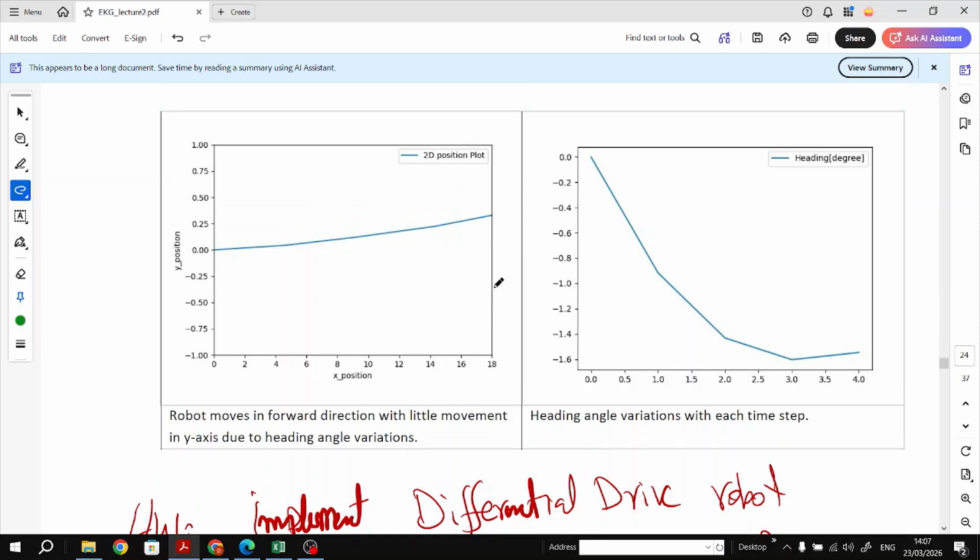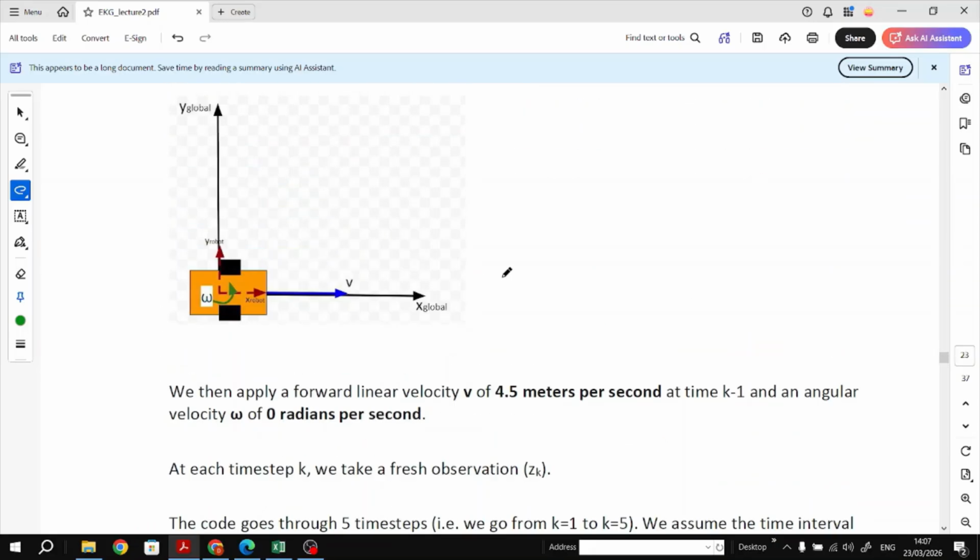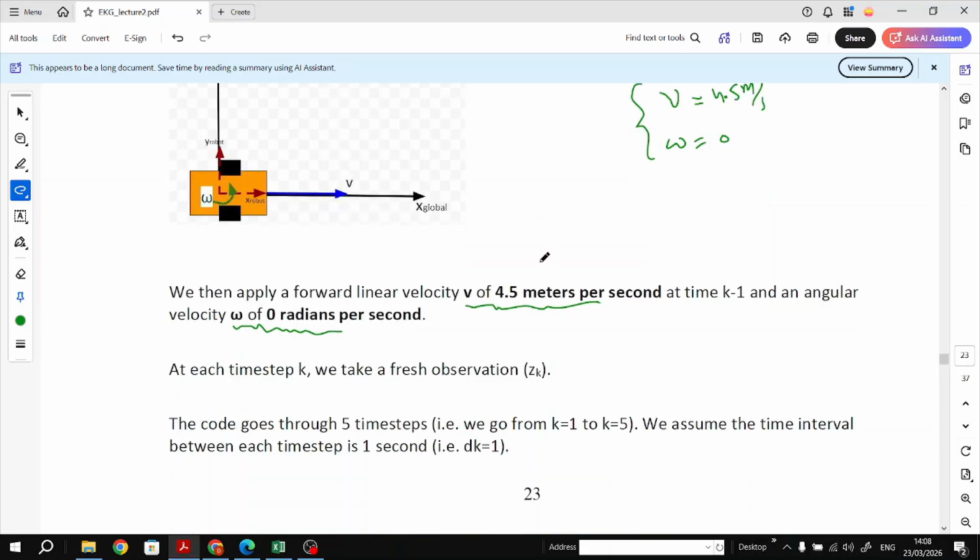So you can see how your robot will move using this state model, and if you also give some input vector, let's say velocity is 4.5 meters per second and your angular rate omega is 0, it means that we are not rotating, just moving in a forward direction.